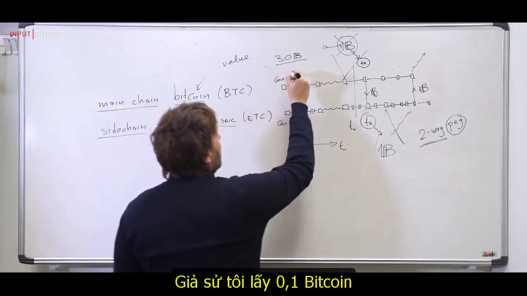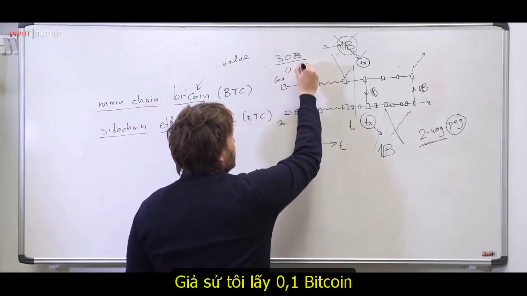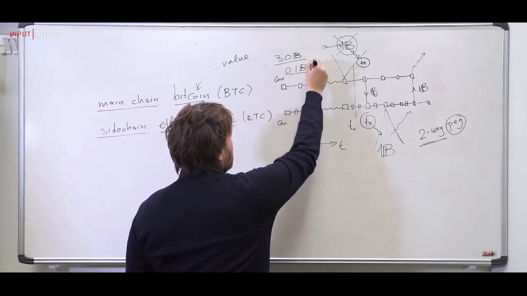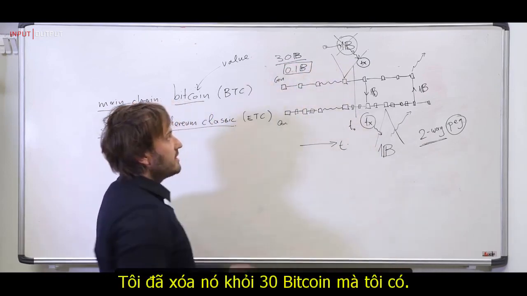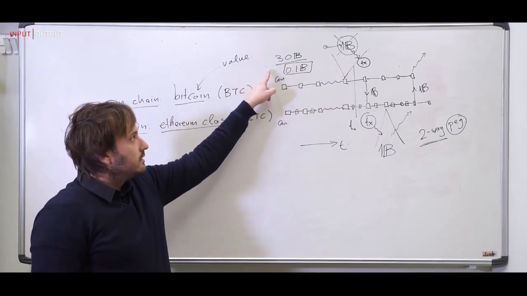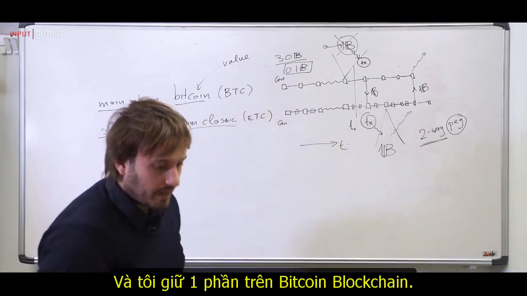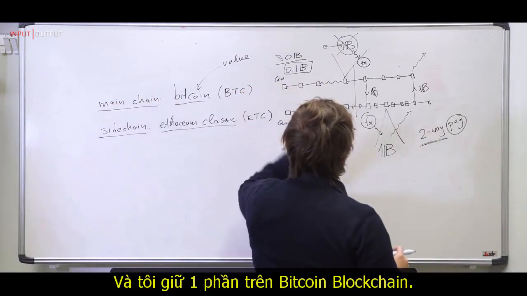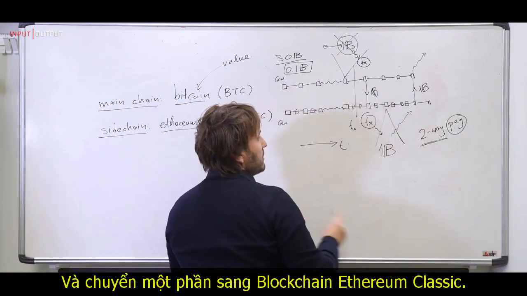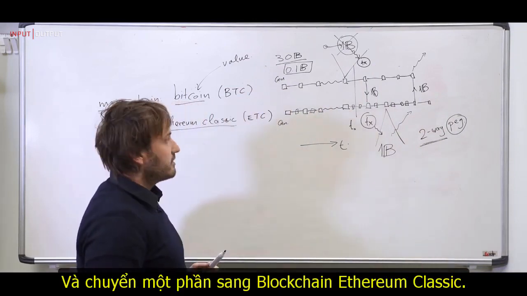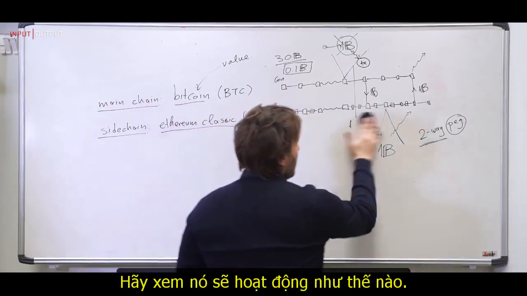So let's say I take 0.1 Bitcoin from here. I remove it from my 30 Bitcoin that I had, and I keep some of them on the Bitcoin blockchain, and some of them I move into the Ethereum Classic blockchain. So let's see how that will work.